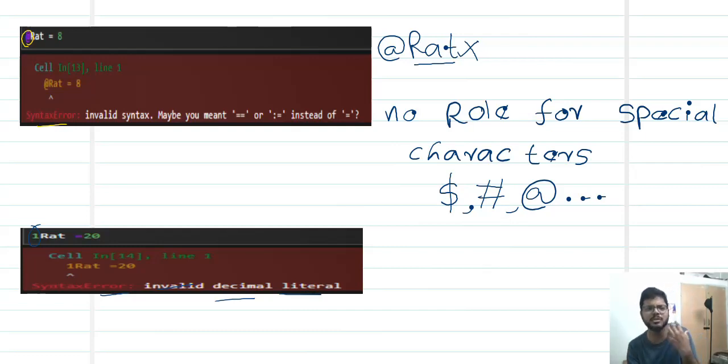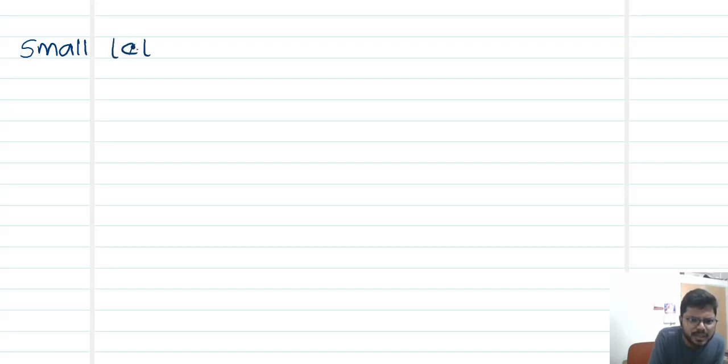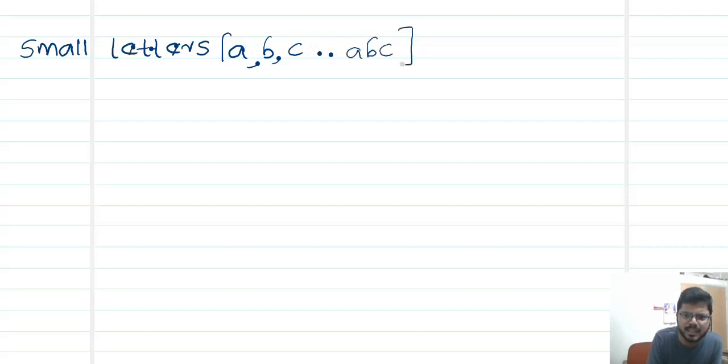I will tell you some rules. Just remember them, so you don't get worried about assigning variables. Now, first one: can I use small letters like a, b, c, or any combination?